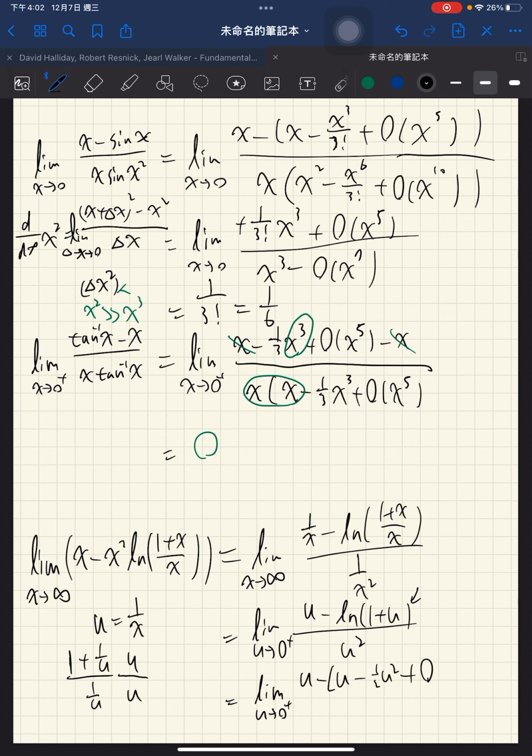So we will get O(u^3), the remainder is third power, u squared, and this and that will cancel out, and we will get just negative 1 over 2, so we will get 1 over 2 as the answer.